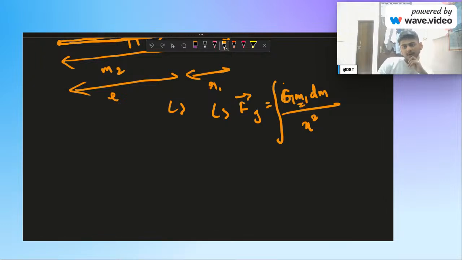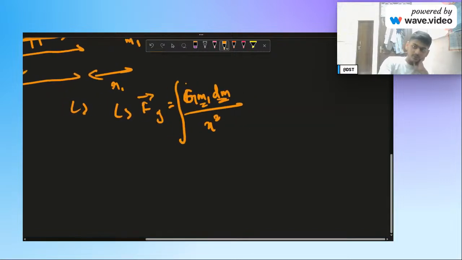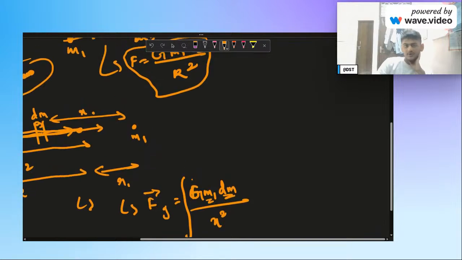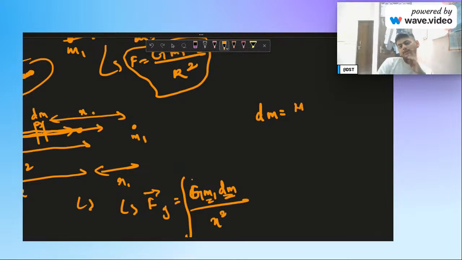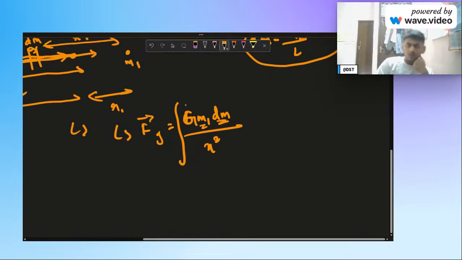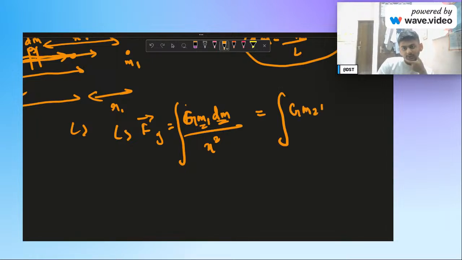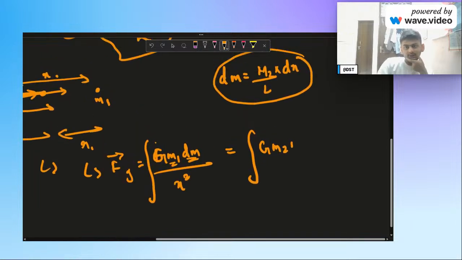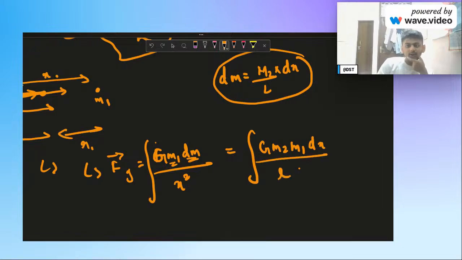G is constant, m1 is constant, dm is changing with x, so we have to write dm as a function of x. dm is equal to mass per unit length into dx. This is m2, so it can be written as G m1 m2 dx by L x squared.